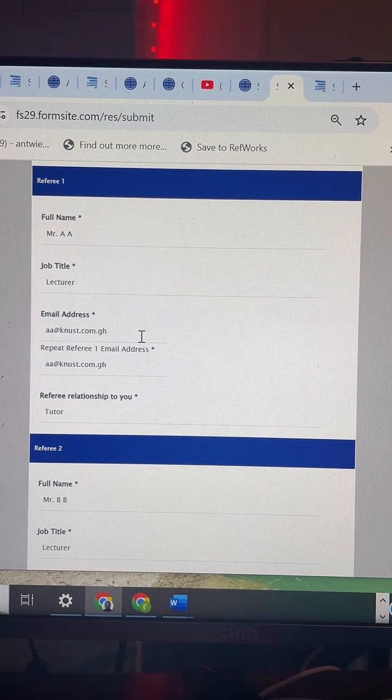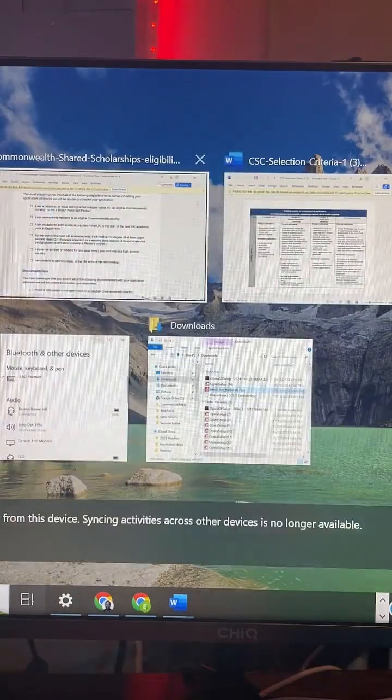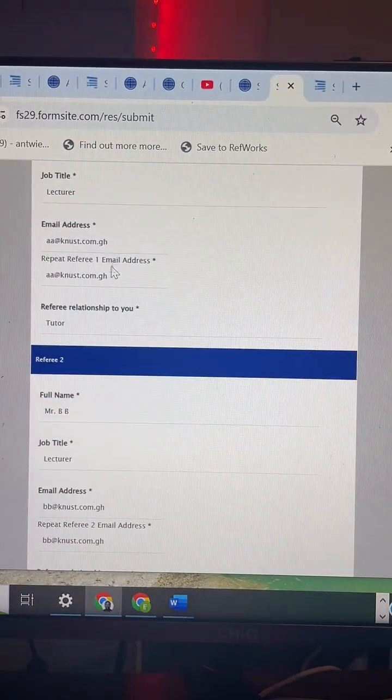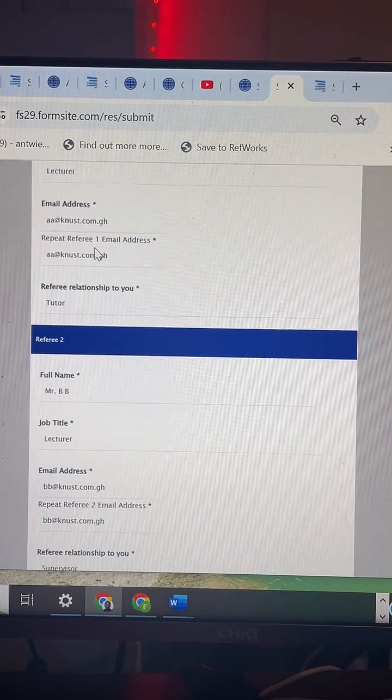They would want to accept emails from organizations, not from gmail.com, yahoo.com. They think that anyone can create these kinds of emails and then submit any kind of references. So they would want to see the one from your referee's organization. So those are some of the things that you need to also consider. Sorry about that. Let's go back to it.